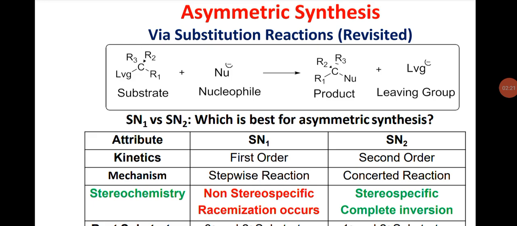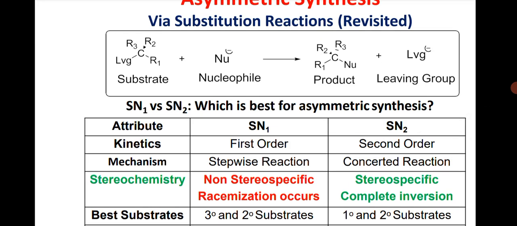It means the reaction depends only upon the concentration of the substrate, while the SN2 reaction is first order with respect to the substrate and first order with respect to the nucleophile. So overall it is a second order reaction. 1 plus 1 is equal to 2.